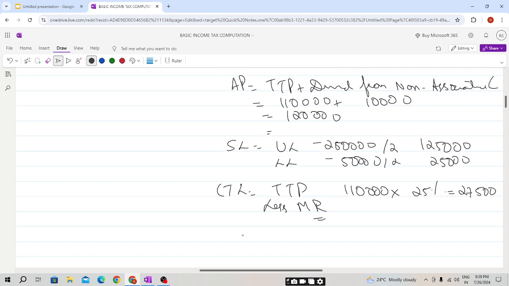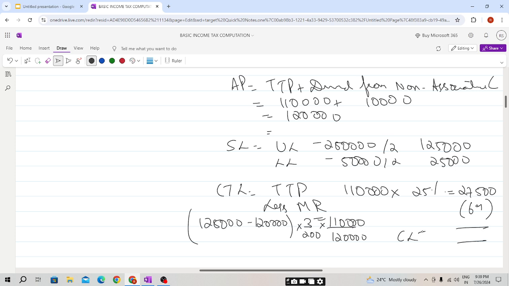Marginal relief is the upper limit of 125,000 pounds minus augmented profit of 120,000, into 3 divided by 200, into the TTP of 110,000 pounds divided by the augmented profit of 120,000. So our marginal relief will be, students, 69. This will give the total corporation tax liability of 27,431. I hope this is clear, students.